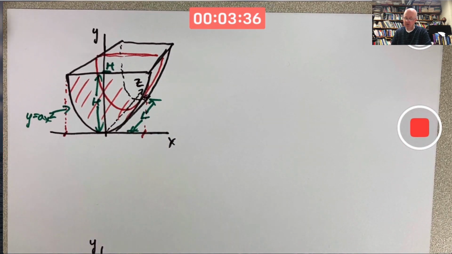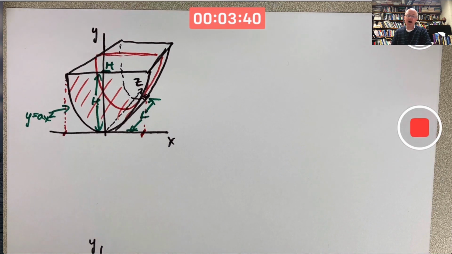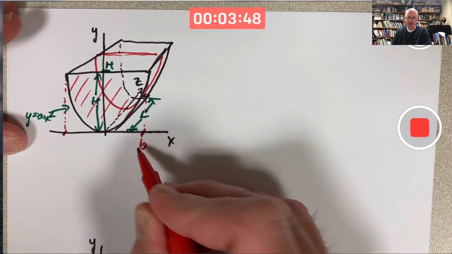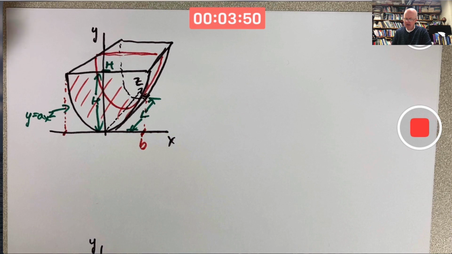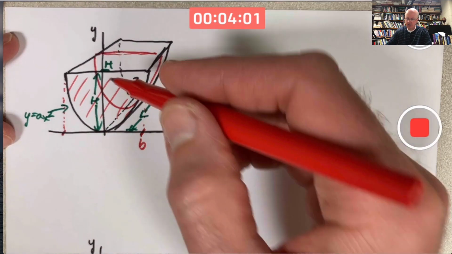And by symmetry, if we can find the x-intercept right there, I could integrate just from 0 to that point and then double the answer to get this cross-sectional area. Let's call this point B, just to give it a name. How do I figure out what B is? It does depend on A and H, evidently. Use the equation of the parabola. I know that when x equals B, y will equal h.